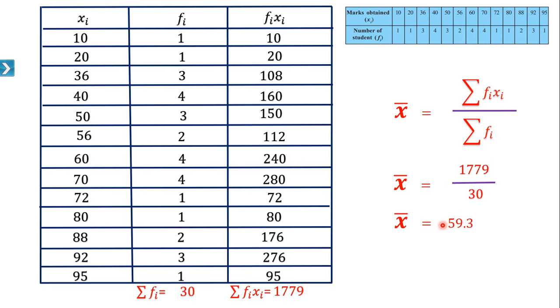So, 59.3 is the mean marks obtained by the 30 students.